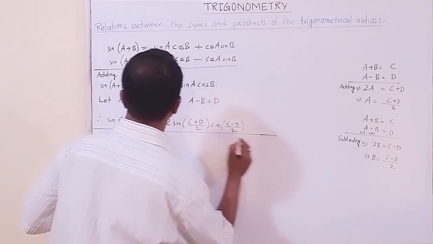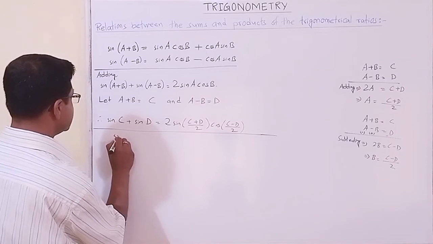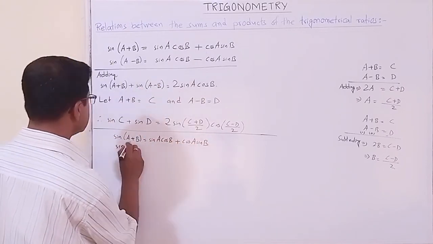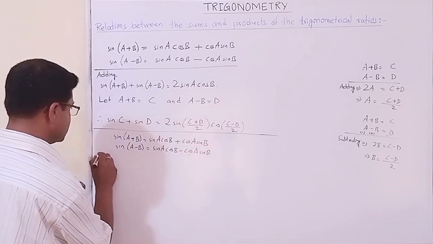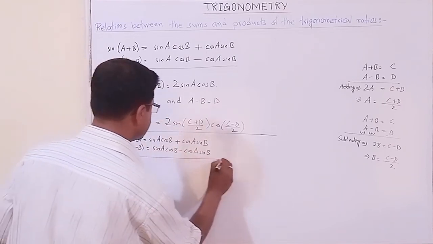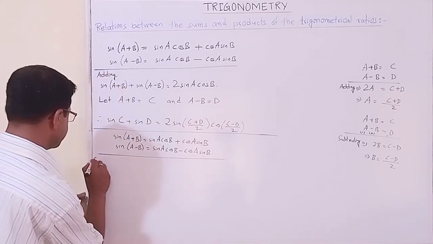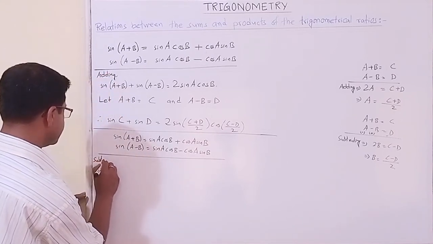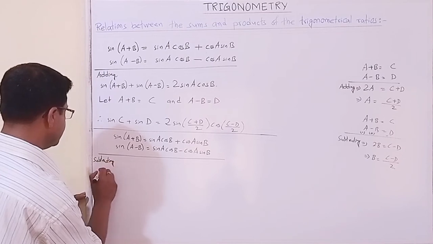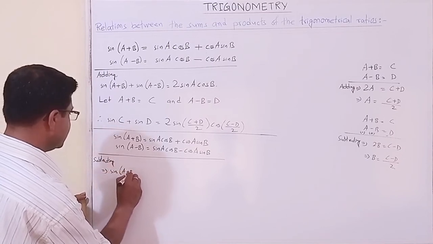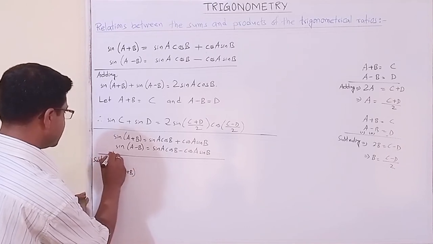Now let us subtract. Initially we added, now we will subtract. If we subtract, I will write sin(a+b). If we subtract, the sign will get changed.